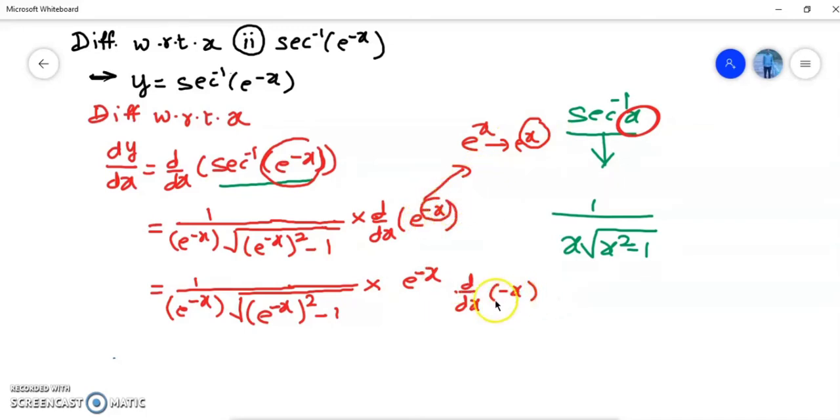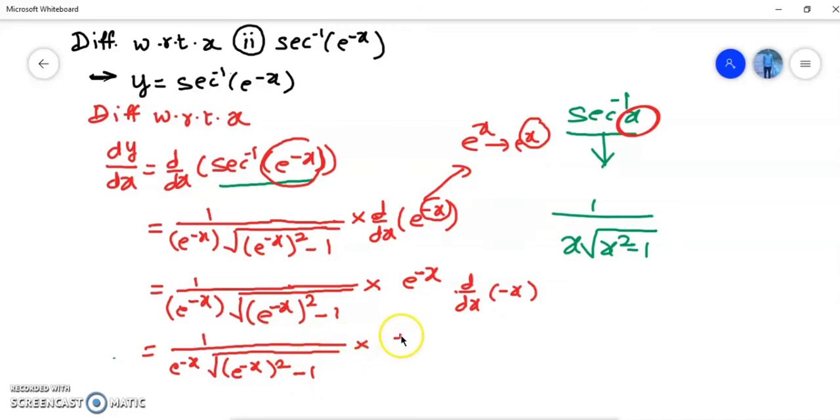So d by dx of minus x is extra written there, which is 1 upon e raised to minus x, 1 upon e raised to minus x into root of (e raised to minus x) whole square minus 1 into this derivative.